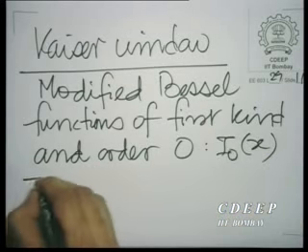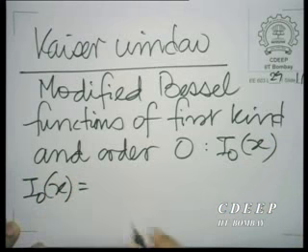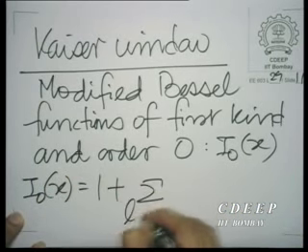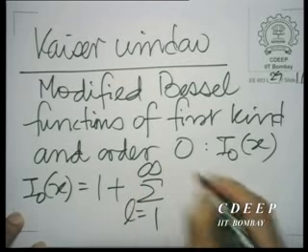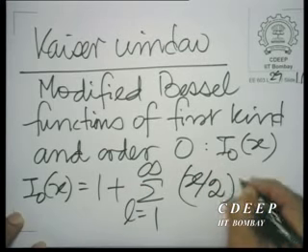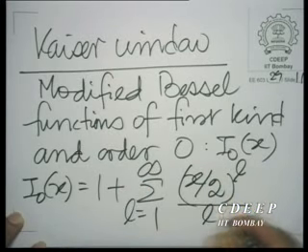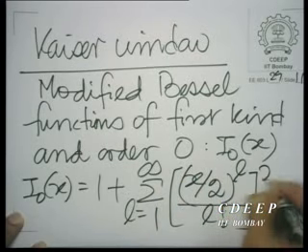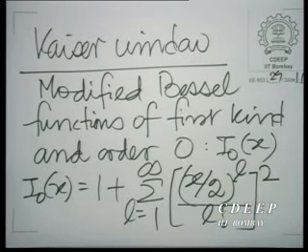And I0x is described essentially by its Taylor series. It's difficult to describe it in closed form. It looks temptingly like an expansion of e raised to the power of x, but it is not. This is a Taylor series expansion of the modified Bessel function of first kind and order 0.